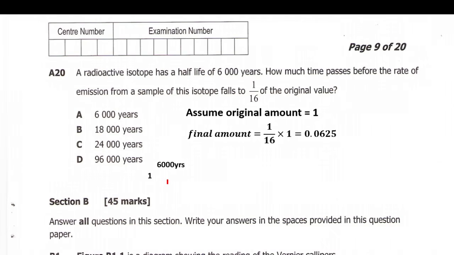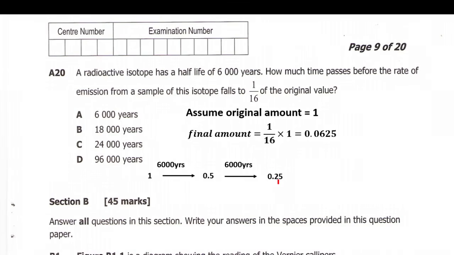So it will decay, half of 1 will be 0.5. Then 0.5 again will decay by the same 6,000 years, and half of 0.5 will be 0.25.